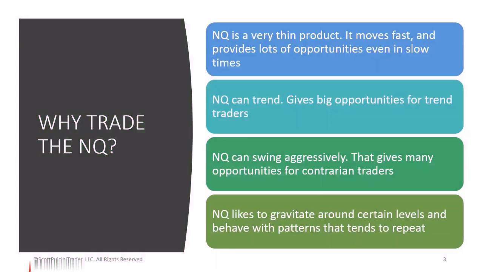So if you're a trend trader, you can very often find trades to stay in the trend for very long time, or even for an entire day at times, and so that gives you strong opportunities for staying in a trend in intraday. But also NQ can swing very aggressively.